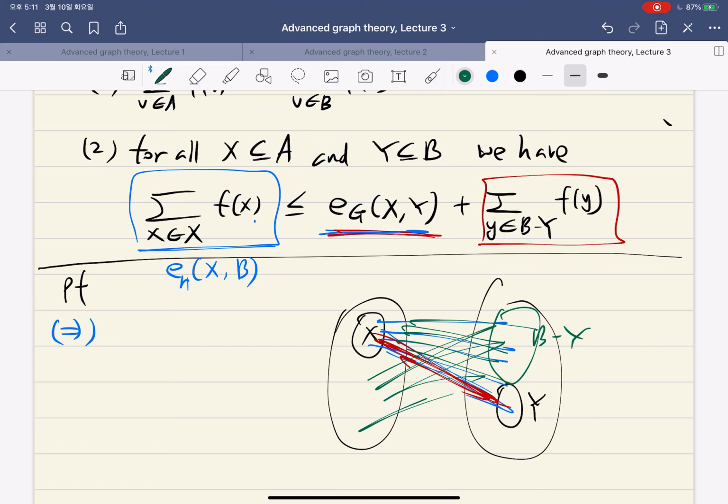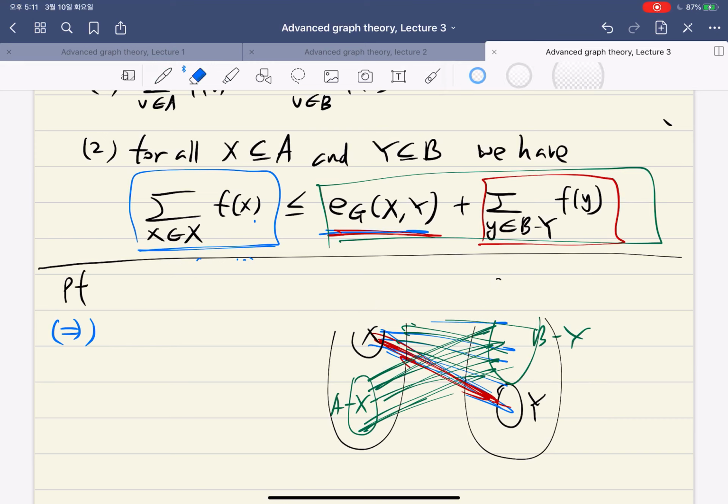In particular, these blue edges are all counted. And it may even count additional edges from the complement of X, A minus X, to B minus Y. So this must be bigger than or equal to the left-hand side. So this shows the necessity.